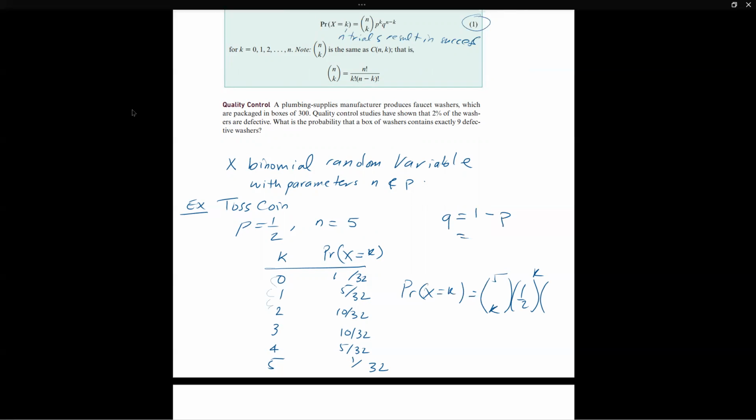It is 1 minus p, which is 1 minus 1/2, which is 1/2. So 1/2 to the n minus k, which is 5 minus k. So this is the setup.